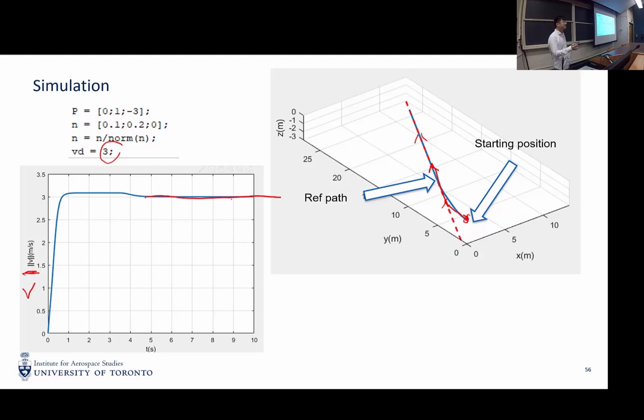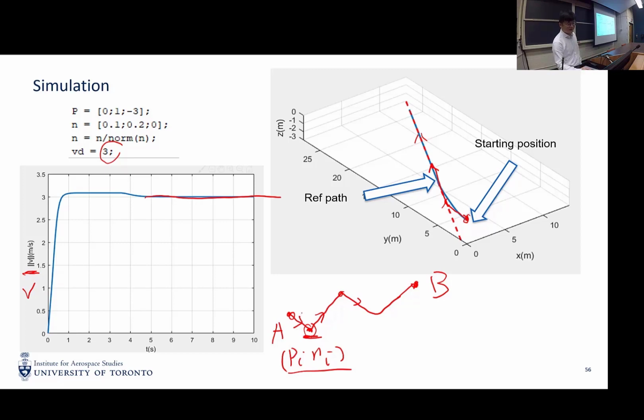Good. Okay, so on top of that, if you want to design a mission planner, what you do is, if we want to fly from point A to point B, we design multiple sets of PI and NI. And when it reaches the vicinity of the end of this segment, we switch the path command to another one.